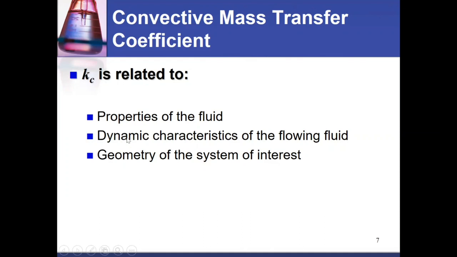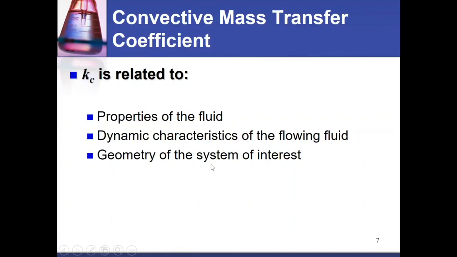But here, we have dynamics. We have something pushing the components or the molecules to transfer, which is the velocity, for example, the velocity gradient and the concentration gradient. Also, geometry affects here.